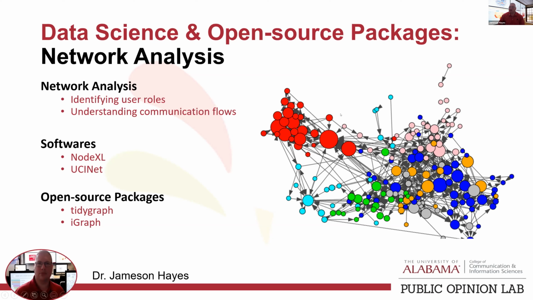And the reason is because what we're interested in, with all these nice graphs we have, there's also back-end statistics: centrality, betweenness, degree centrality, cohesiveness of the network, density of the network.